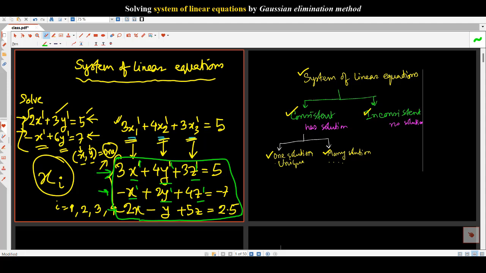The third equation has the variables x, y, z with power 1. So combinedly we have a system, a system of linear equations. So we are actually going to solve this type of system of linear equations with the help of a new technique, a new method, and the method is known as the Gaussian elimination method.